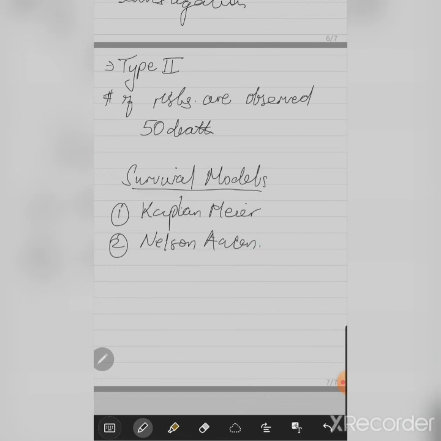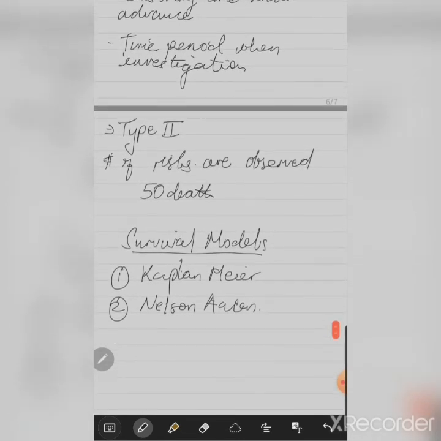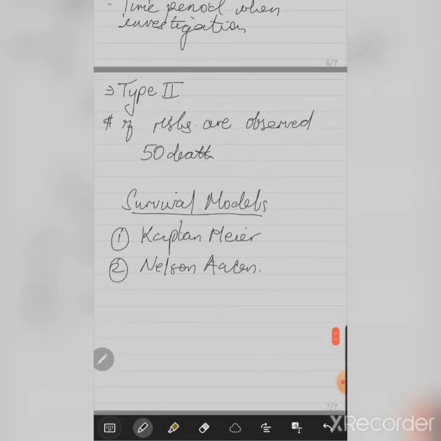Based on these survival models, you need to know about the types of censoring in order to answer the questions as well. So a brief assignment for you is to read about the types of censoring and understand what each is talking about.